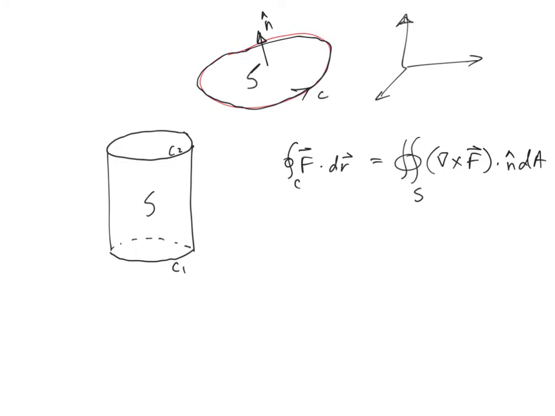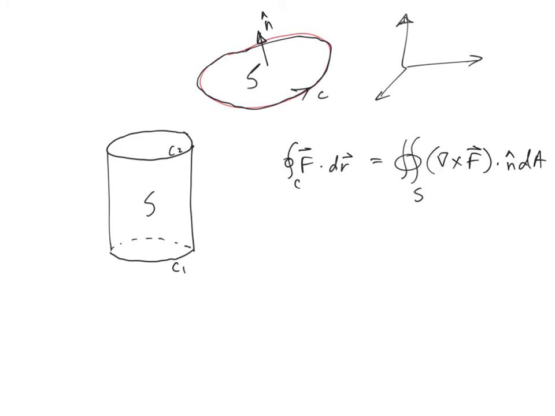Because our surface S now is bounded by two curves, this is not just one vector line integral, it's two added together: the one around C1 plus the one around C2. So if we're going to use Stokes' theorem for this case, we've got to, again, orient both C1 and C2 properly with respect to S.